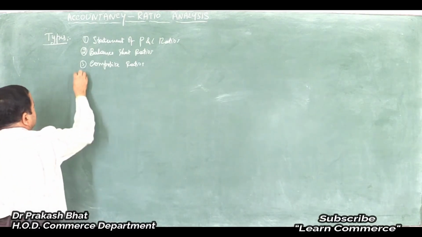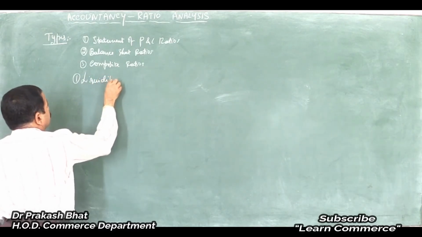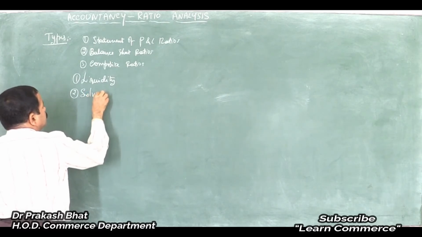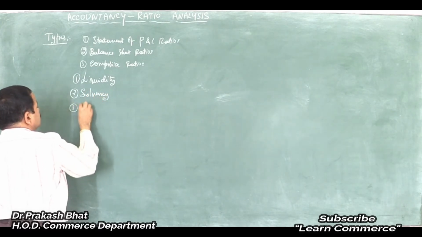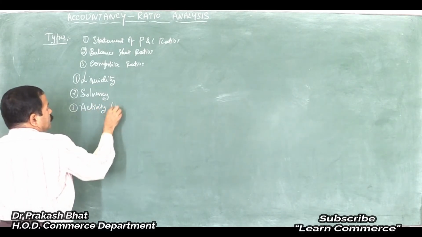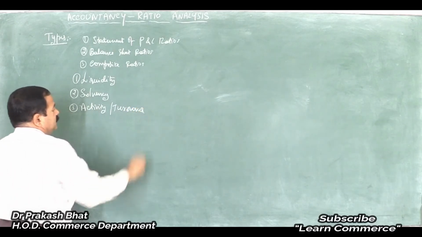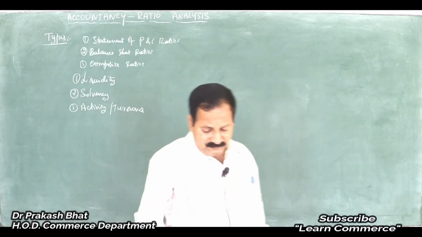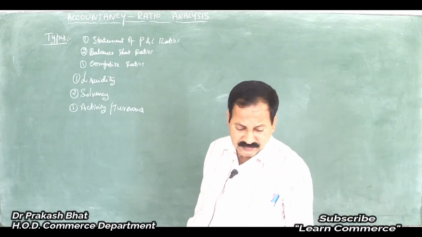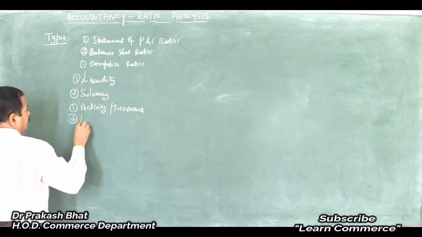First one is liquidity ratio, second one is solvency ratio, third one is activity ratio or turnover. Turnover means sales. Turnover ratios. Then profitability ratios.